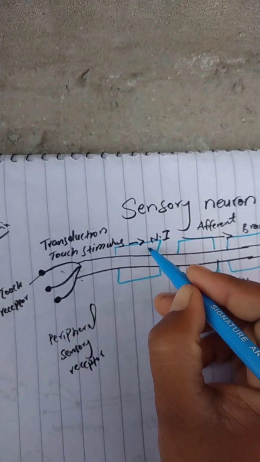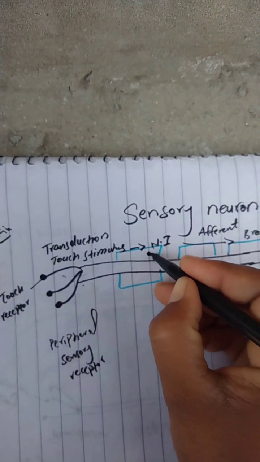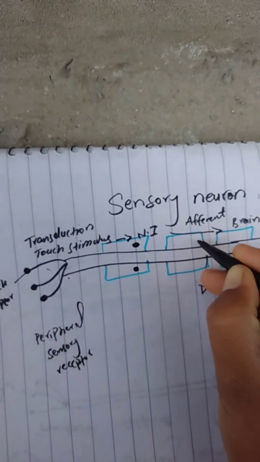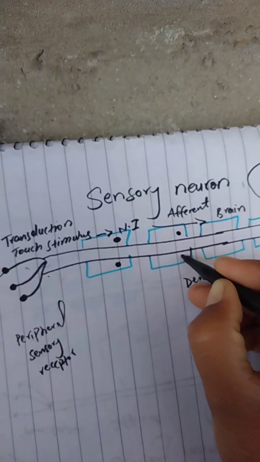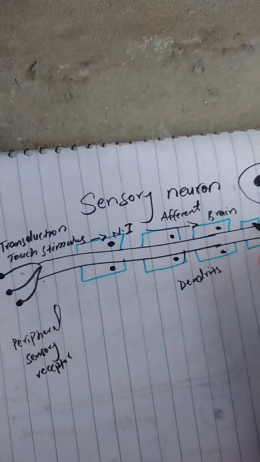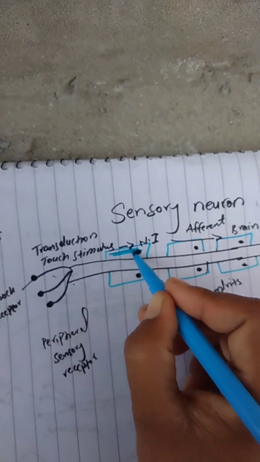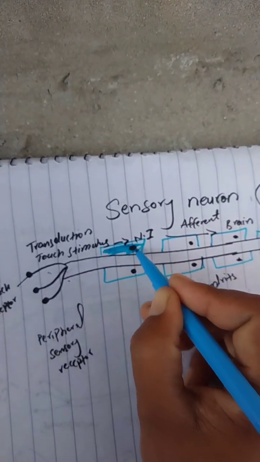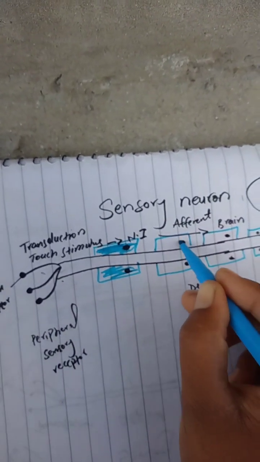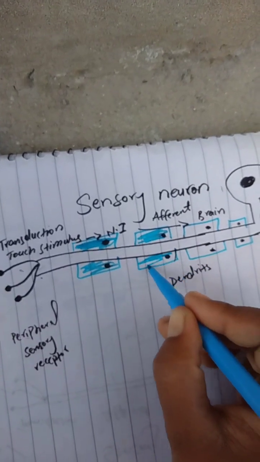The myelin sheath consists of Schwann cells. This is the cell. Hundreds of Schwann cells make the myelin sheath. This is the Schwann cell.